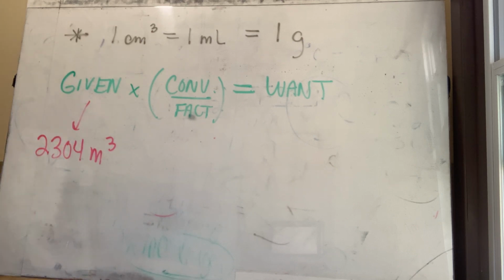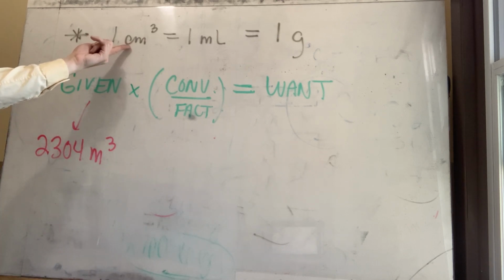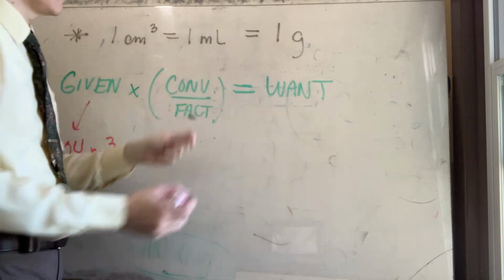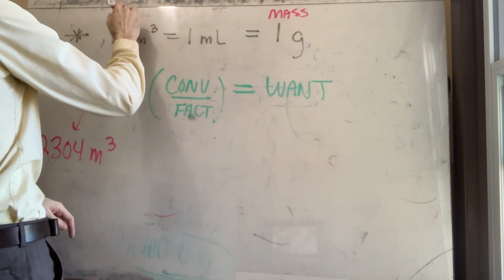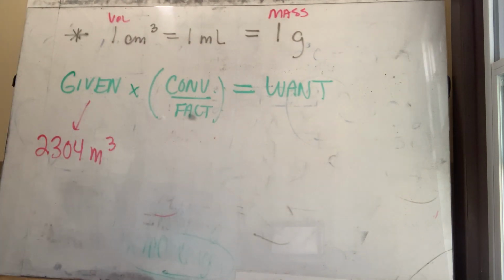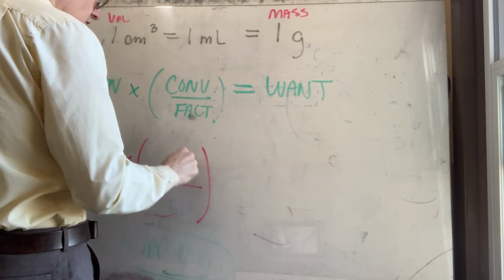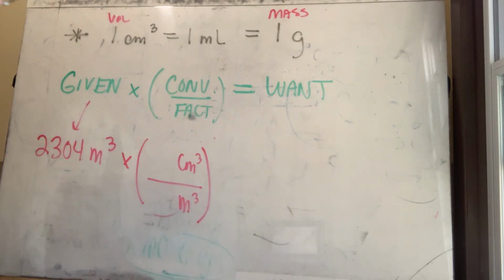So, what could we convert to? Well, if our conversion factor involves a cubic centimeter, and we're trying to convert a volume to a mass, we could at least convert to cubic centimeters first from cubic meters.